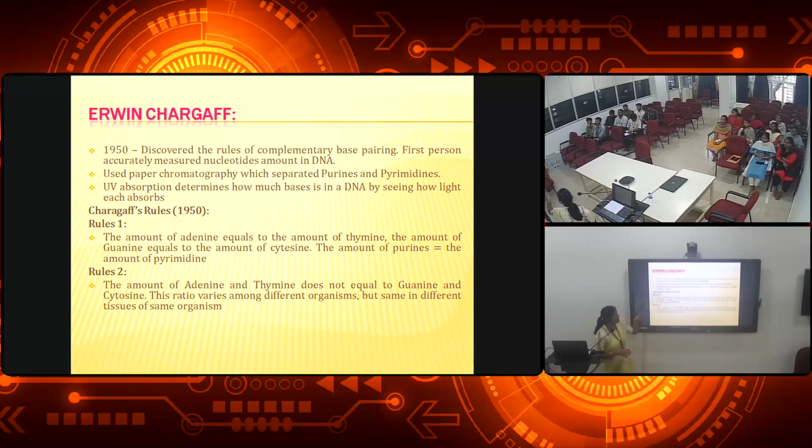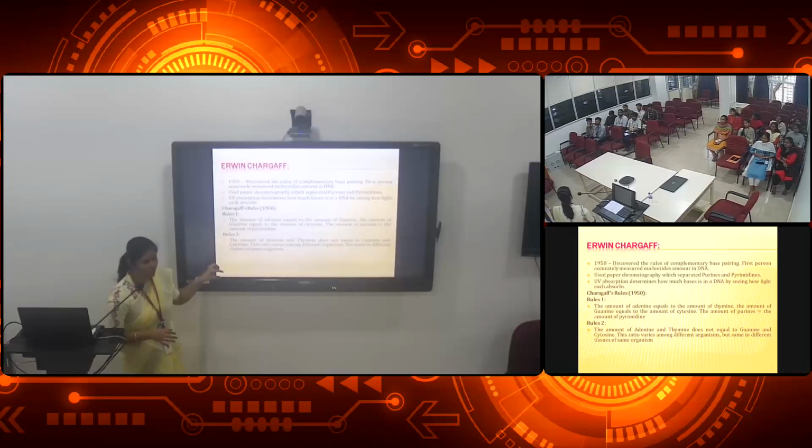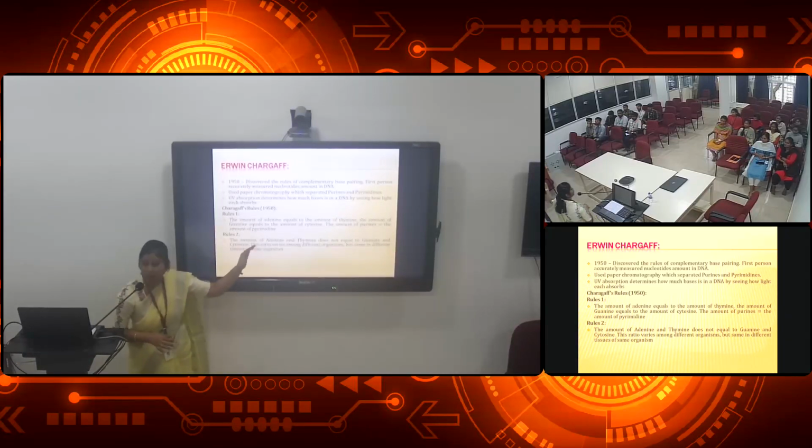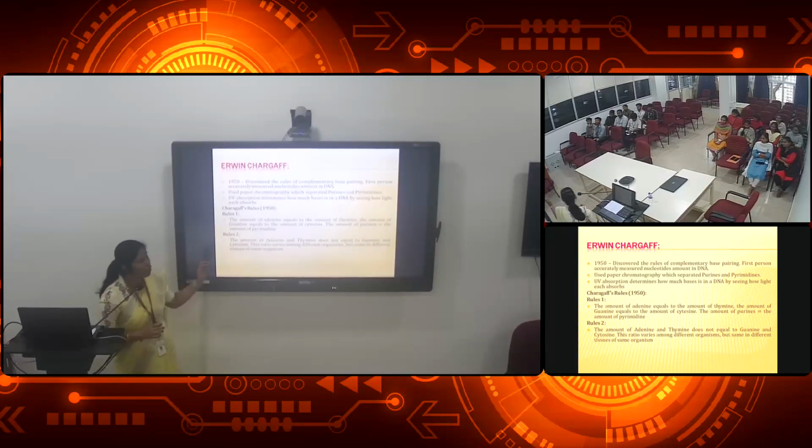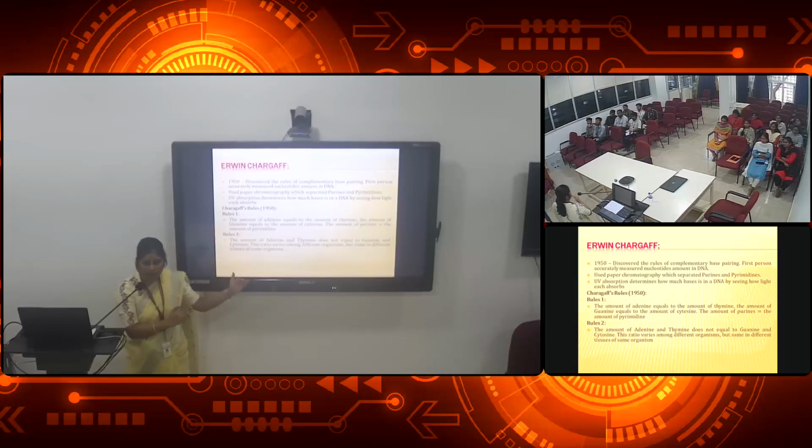This person formulated two rules. One is that the amount of adenine equals the amount of thymine. Adenine is always paired with thymine, and cytosine is always paired with guanine. So the amount of adenine equals the amount of thymine, and the amount of guanine equals the amount of cytosine.